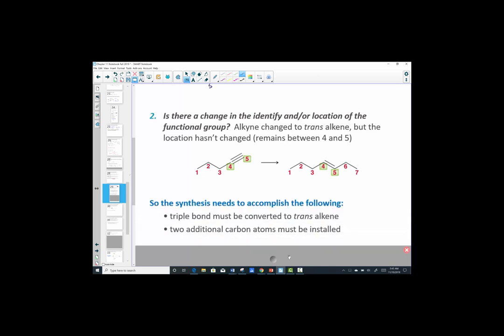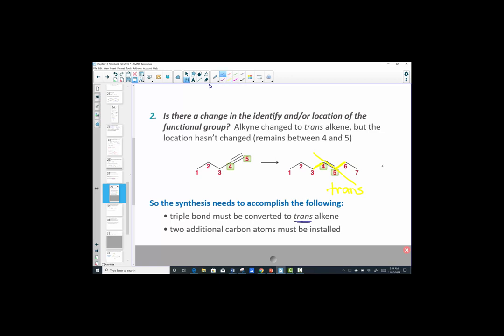And so now we have the idea that we need to accomplish the following items. The triple bond must be converted to a trans alkene. That's something we didn't stress a moment ago, but notice that the trans position means, if I draw a line through this pi bond and the substituents are coming out, one on the top of the plane and one below the plane, that indeed is a trans configuration.